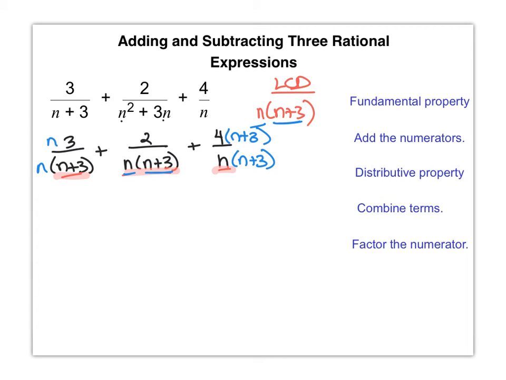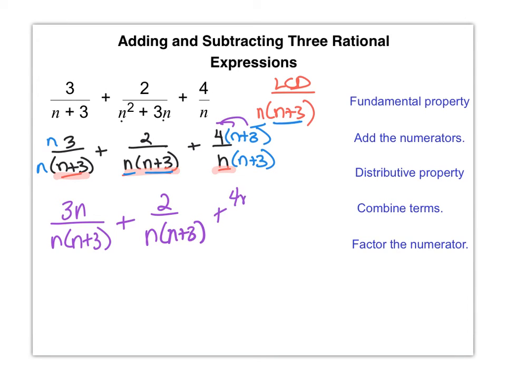Now let's simplify each of these fractions. n times 3, we get 3n over the LCD, n times n plus 3. The second fraction, just rewriting it. And the fourth fraction, if we distribute the 4, we get 4n plus 12 over the LCD.